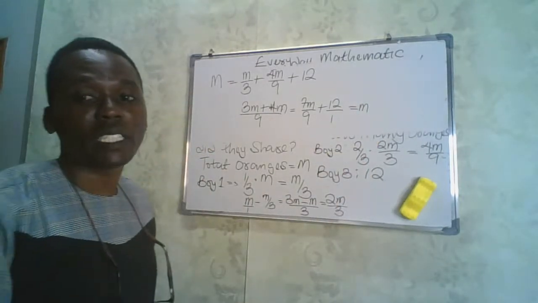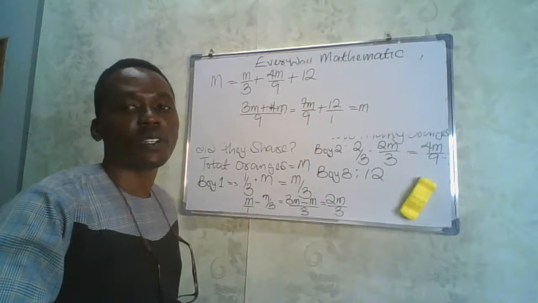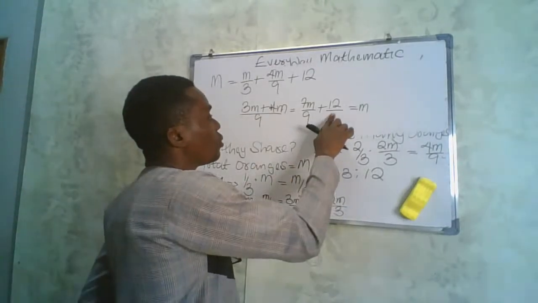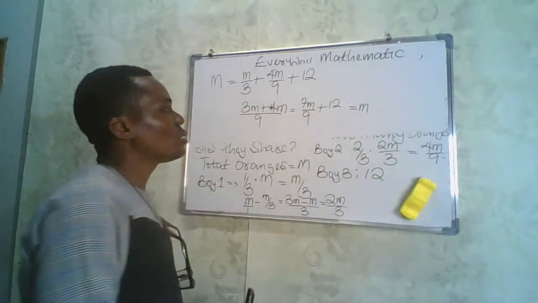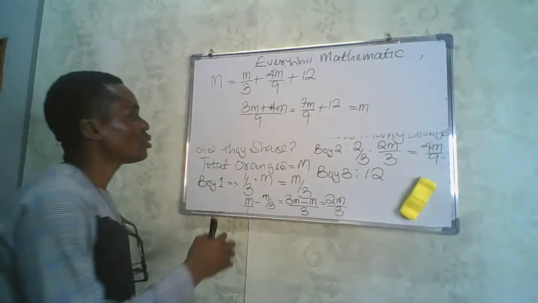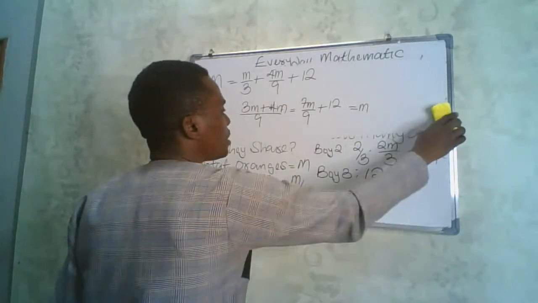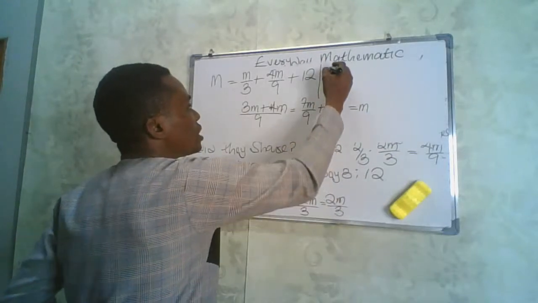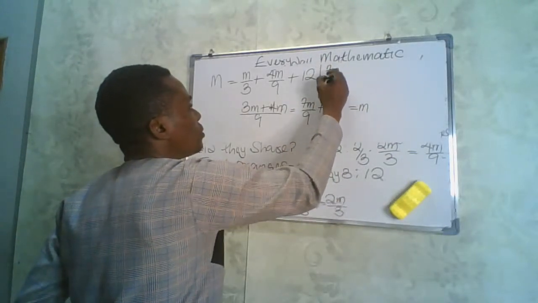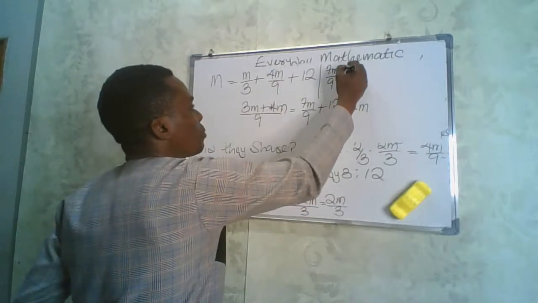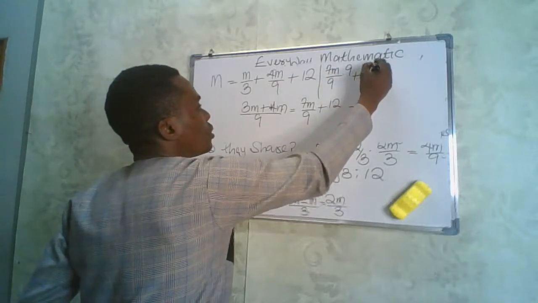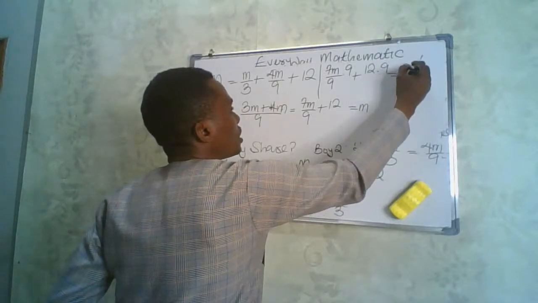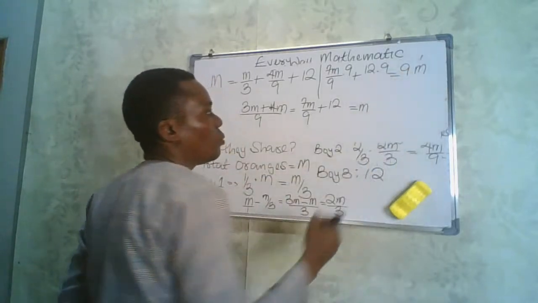To simplify this further, I'll simply multiply through by 9 to make the equation very easy. If I multiply through by 9, the equation gives me 7m divided by 9 multiplied by 9, plus 12 times 9, equal to 9 times m.